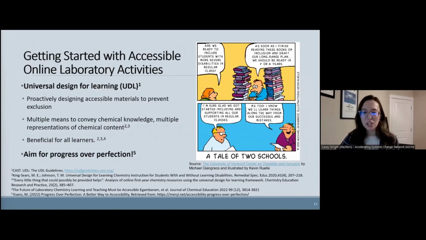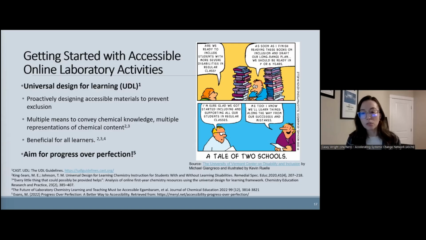I wanted to offer some general considerations for thinking about accessibility in online labs. I encourage all of you on this call to take the lead from Universal Design for Learning to actively work to prevent exclusion when you're designing your online lab materials.